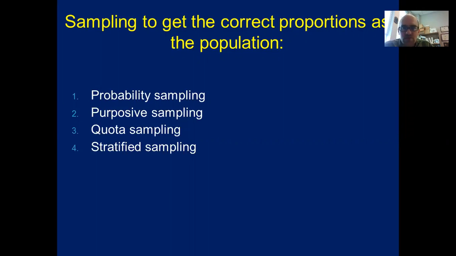Purposive sampling, yes, you're trying to get proportions, but you're still not going to be getting all the proportions. I mean, unless you really go out and try to figure out the proportions of everything based on ethnicity, gender, socioeconomic status, and then you try to keep track of all that when you're standing out on the street corner passing out surveys, you're probably not going to get the correct proportions. But with probability sampling, you definitely will.